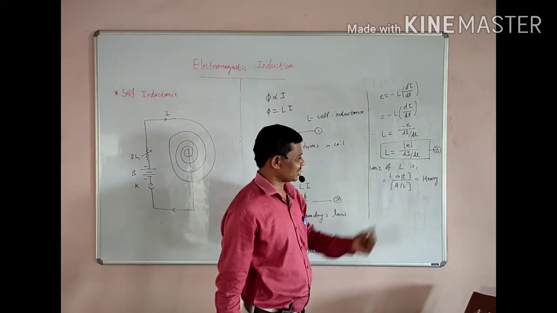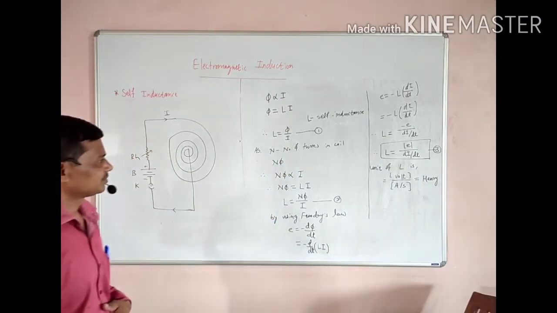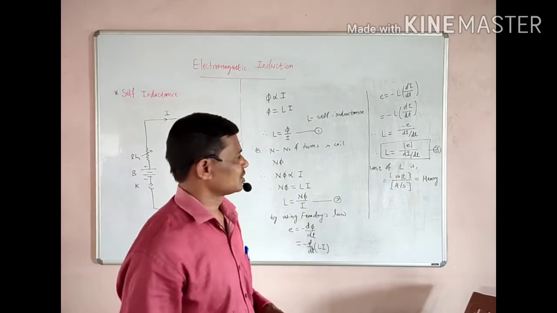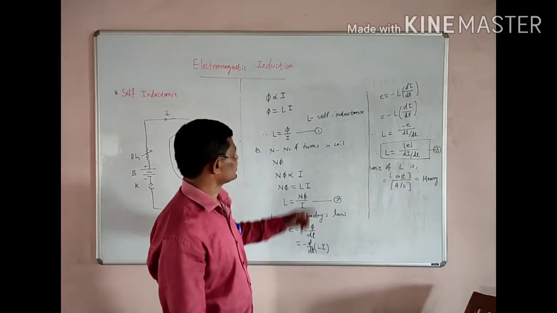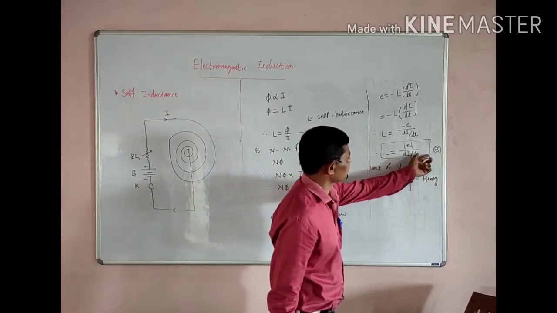So this is the unit of coefficient of self-inductance. Then we can define this coefficient of self-inductance or self-inductance of a coil from this relation as well as from this relation.